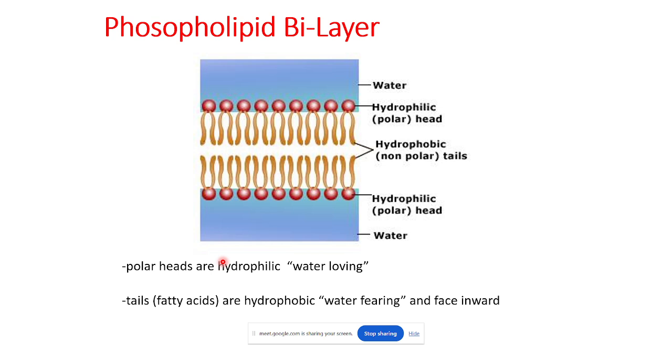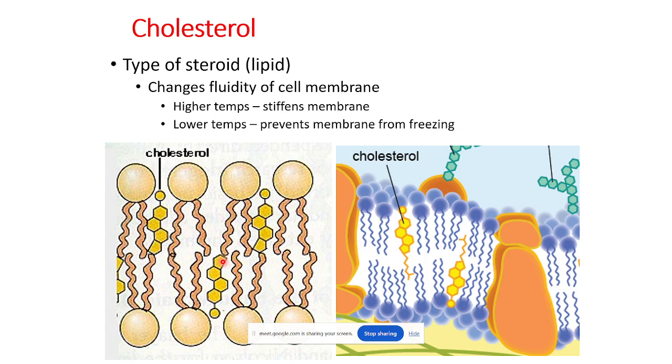The water-interacting part is the hydrophilic polar head, the hydrophobic region embeds the integral proteins, and then you have another layer of hydrophilic heads. Here you see cholesterol, which is also present within this bilayer, mostly attached near the hydrophobic region.